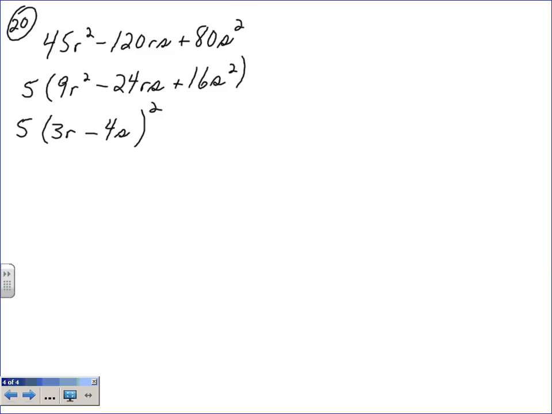If you multiplied 3r times 4s, you get negative 12rs, correct? Double it. Negative 24. So you get that middle term, you're done. Okay? Yes. Are you going to read the answers to the rest of them? I will. Any questions? All right.